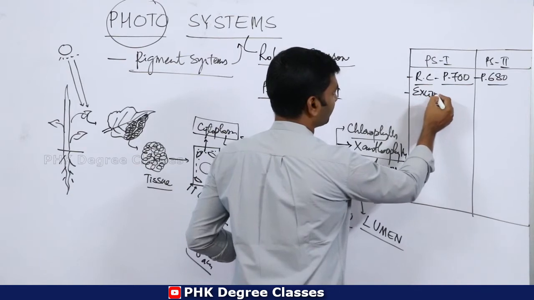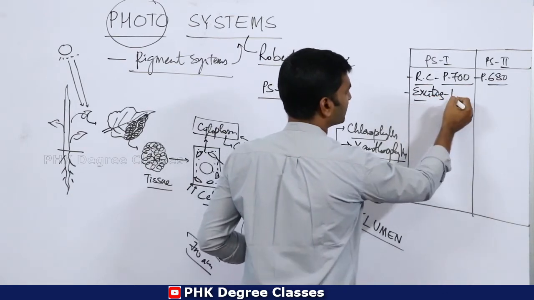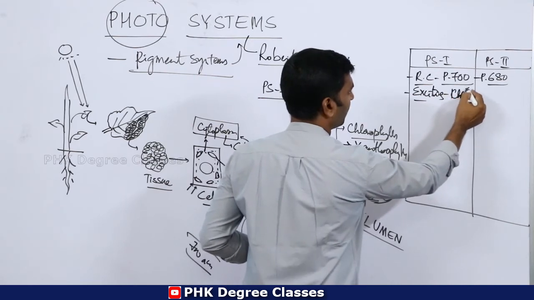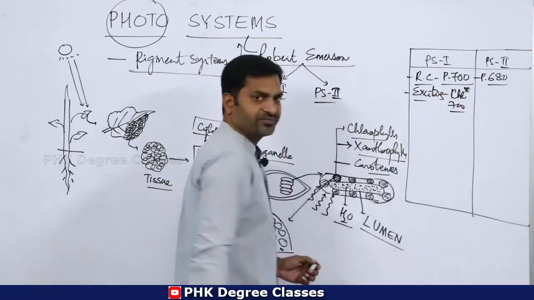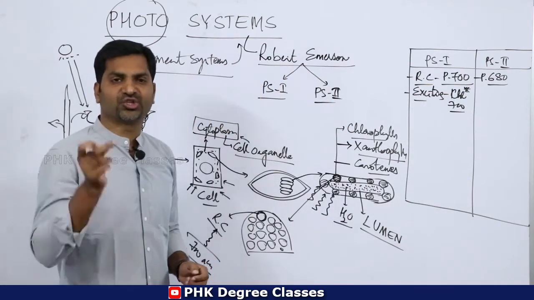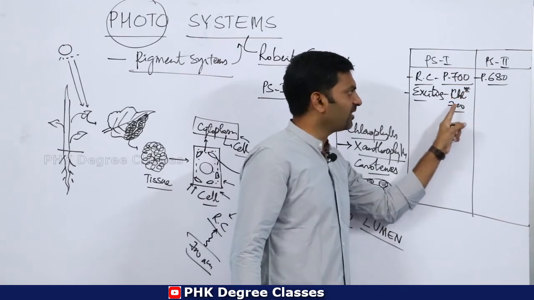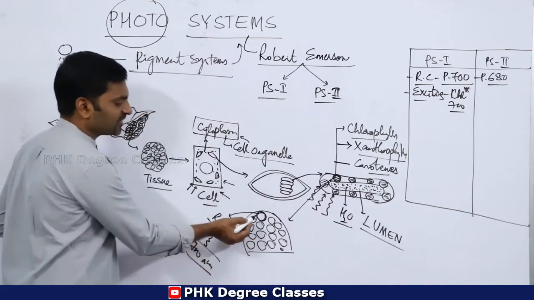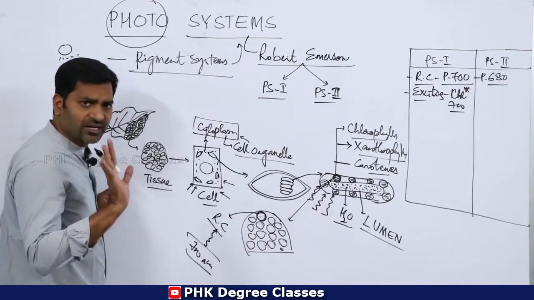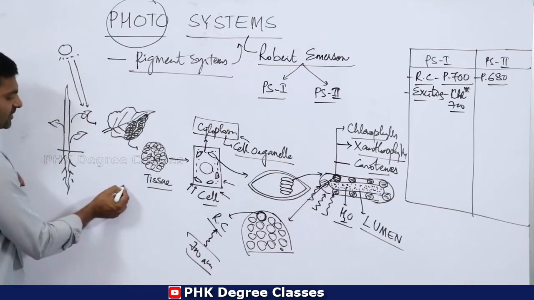Excited state. Excited state is considered as chlorophyll star. That is chlorophyll 700. Excited state is denoted in the form of CHL star 700. What does it mean? For example, this is a chlorophyll molecule. Clear? I'll draw here. This is a molecule.